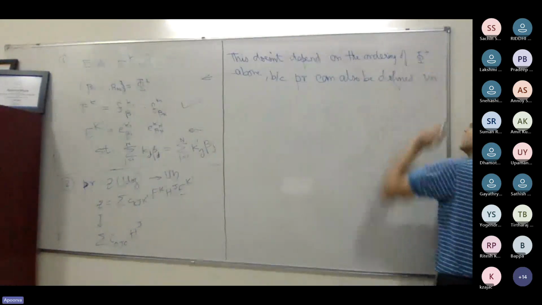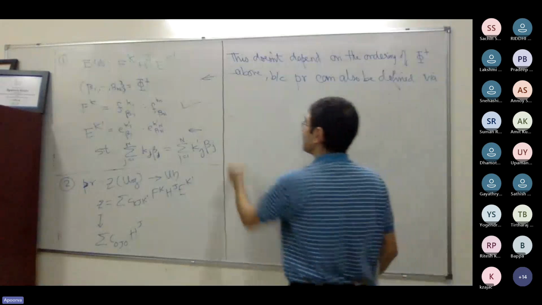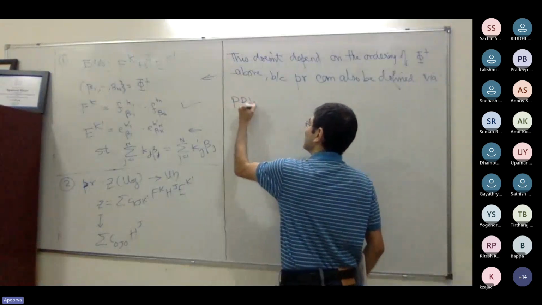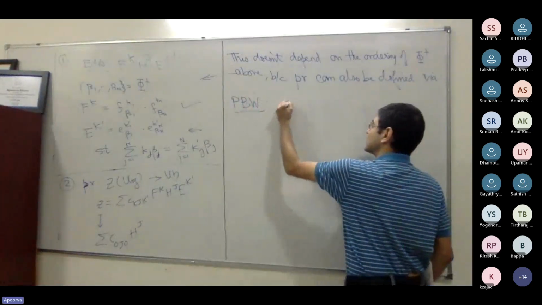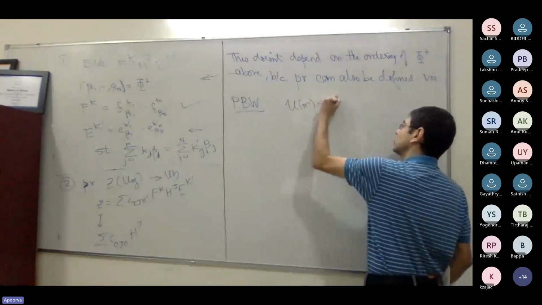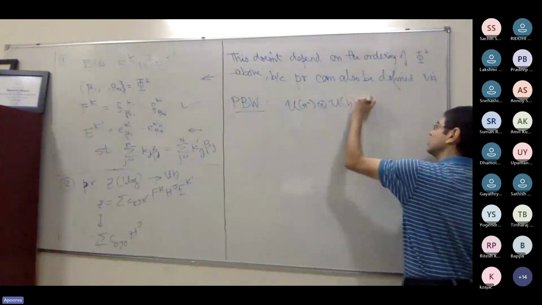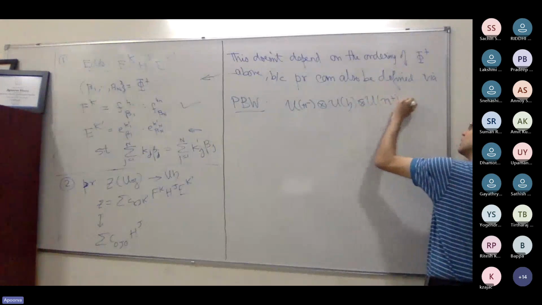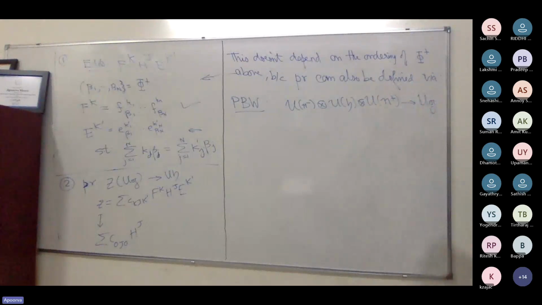We remember the PBW theorem again. The whole thing is about this. It says that the multiplication map from U(n minus) tensor U(h) tensor U(n plus) to U(g) is a vector space isomorphism.